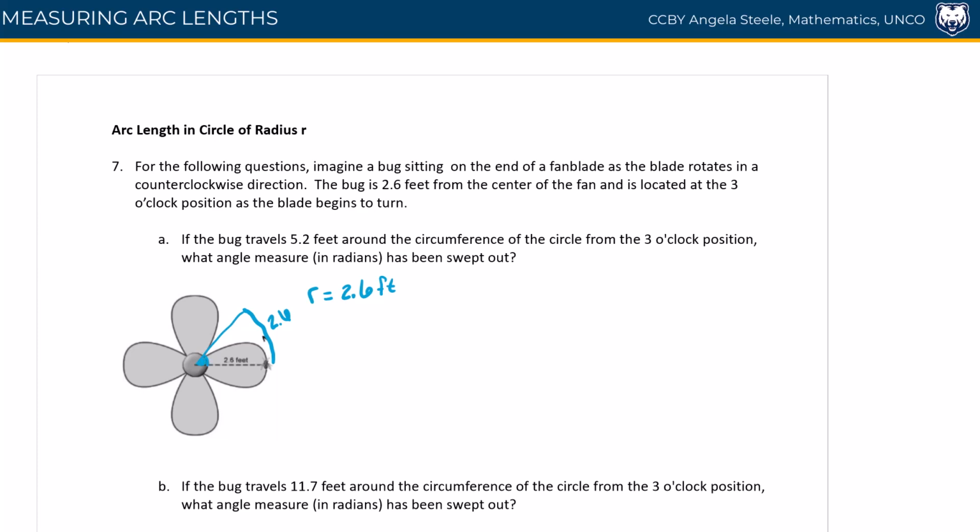So remember from problem number 1 that a radian is the equivalent length on the arc of 1 radius. Okay, so there's 2.6 feet, and we're going to keep going until we've reached that 5.2 feet. So we're going another 2.6 feet. We have now gone a total of 5.2 feet, which means we have 2 radians.